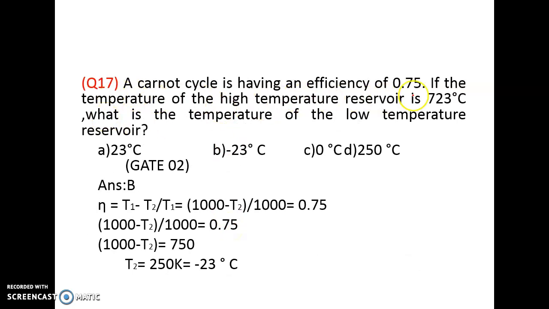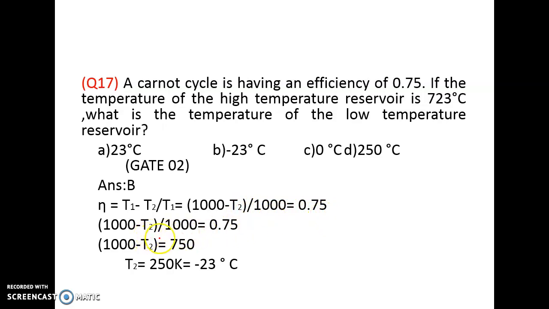The Carnot cycle has an efficiency of 0.75. If the temperature of the high temperature reservoir is 723 degrees Celsius, what is the temperature of the low temperature reservoir? Efficiency of Carnot cycle equals T1 minus T2 by T1. 723 plus 273 is 1000, so the source temperature is 1000. 1000 minus T2 divided by 1000 equals 0.75.